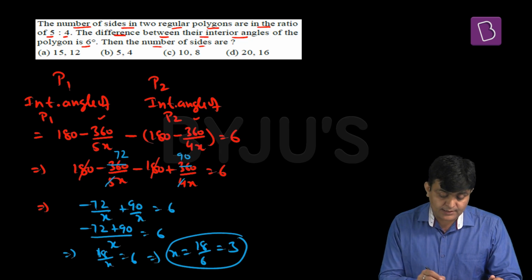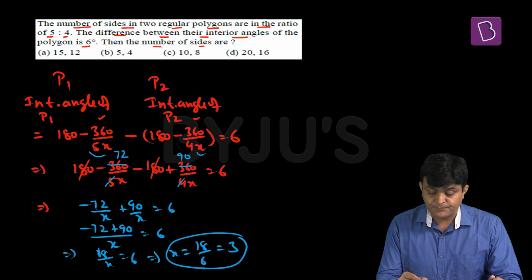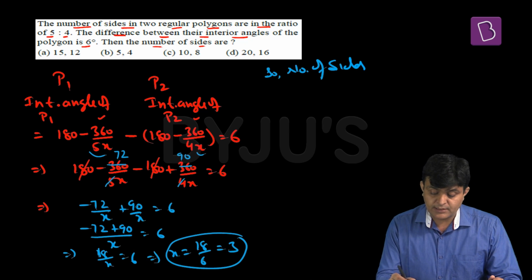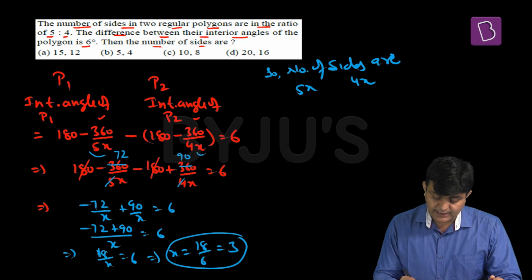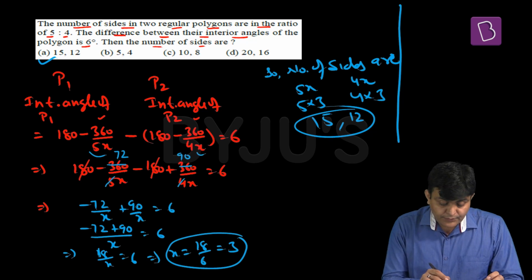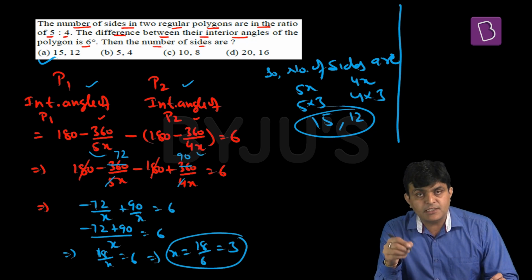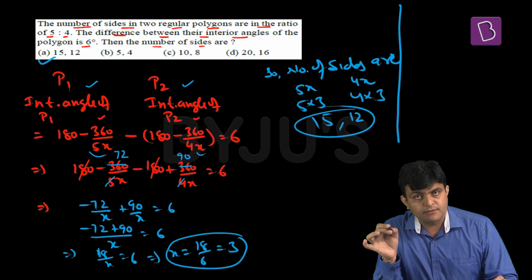So the number of sides are in the ratio 5:4, so 5x and 4x. x is 3, 5 into 3, 4 into 3, that is 15, 12. A part is the answer. The difference between internal angles is 6. It means the difference between external angles remains 6.